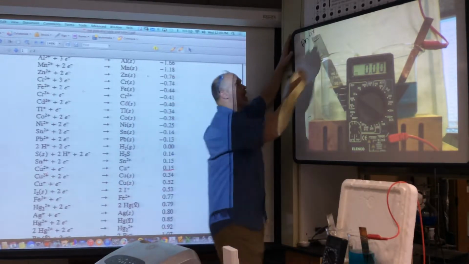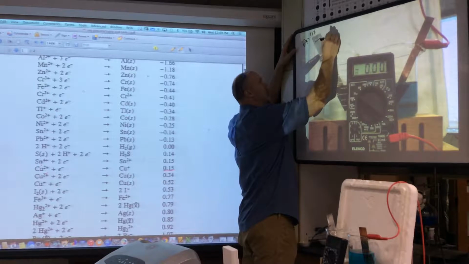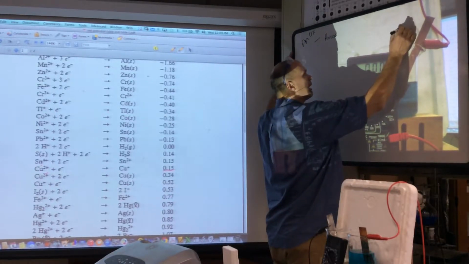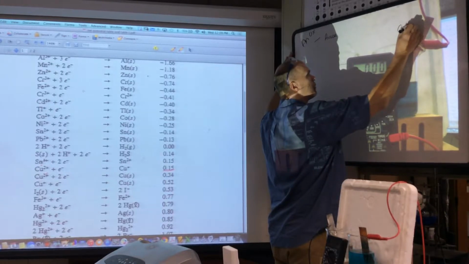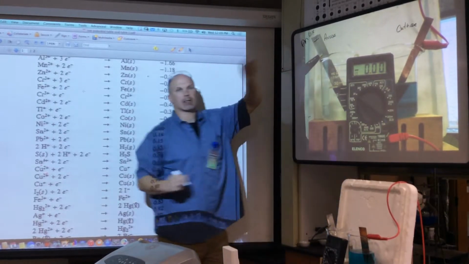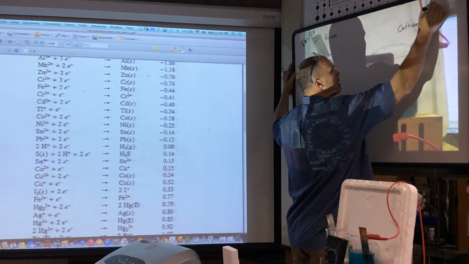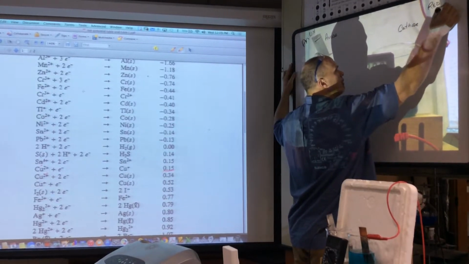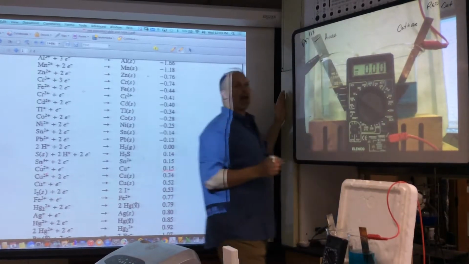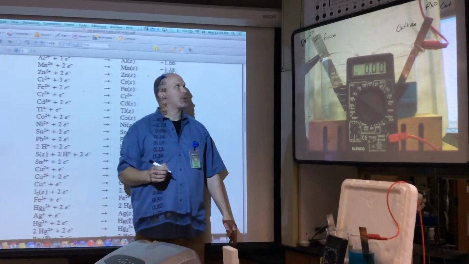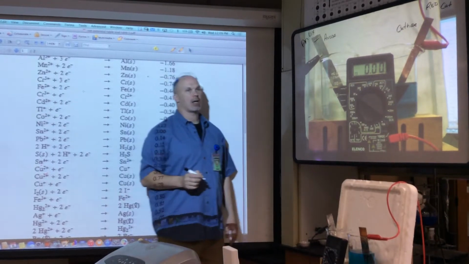So that is my anode. Therefore, my cathode is the copper. Now, the mnemonic we remember is An Ox, Red Cat. Very helpful to us because it helps us remember that the cathode is where we're going to have reduction, and an ox, the anode, is the place we have oxidation.